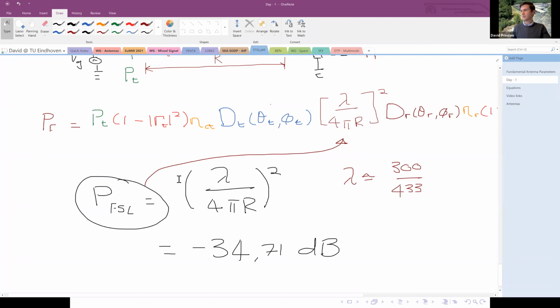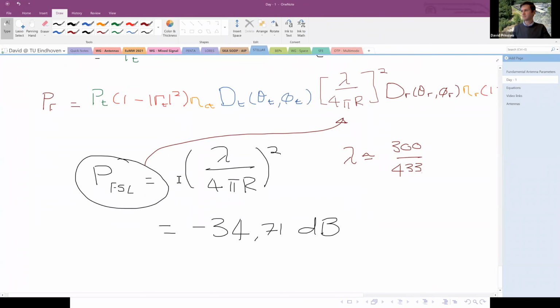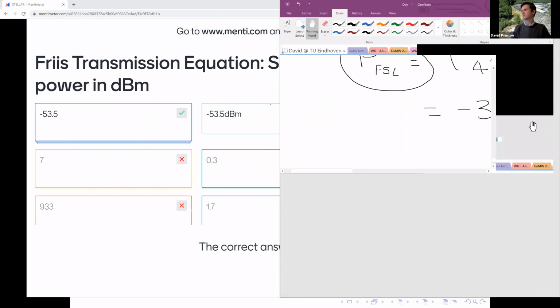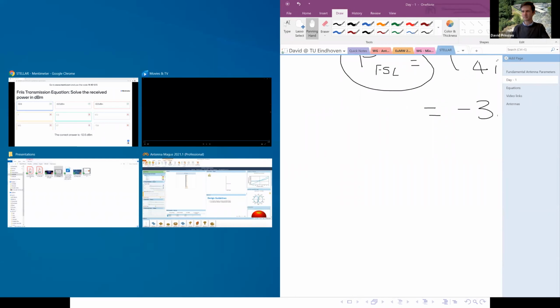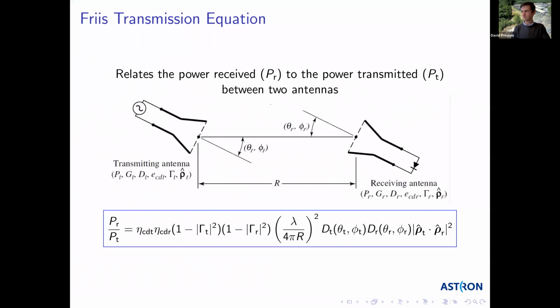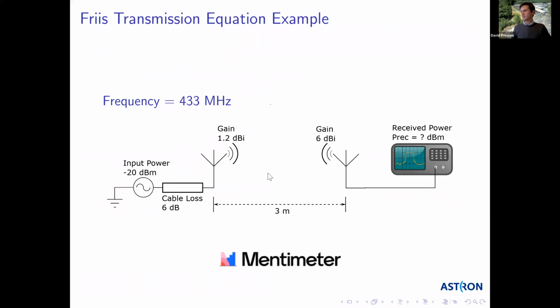So first of all, let's see if I can do this. We have an input power of minus 20 dBm.